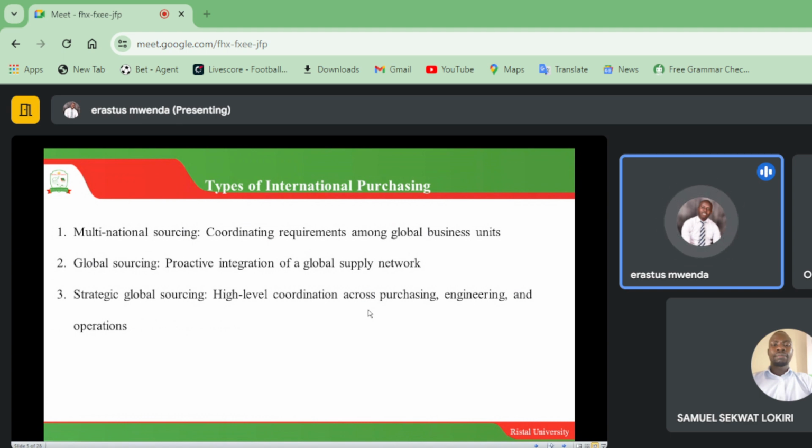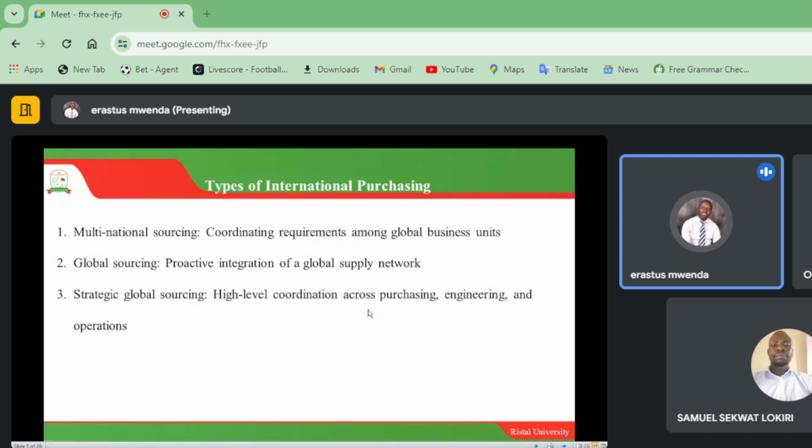And finally, number three, another type of international purchasing is what we call strategic global sourcing. This is a kind of high level coordination. Remember, we used the word strategic so much in the previous lecture, and we said a strategy is a high level plan.